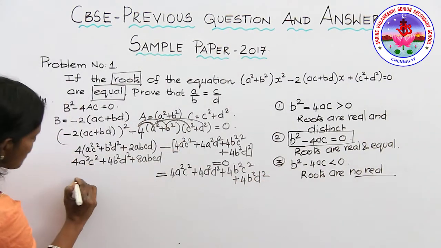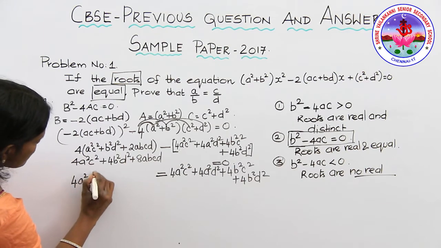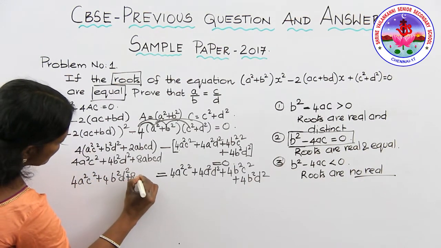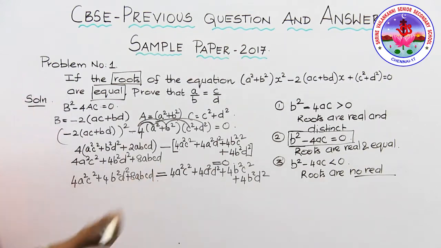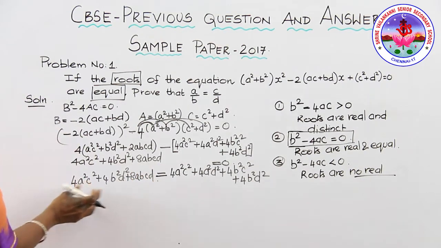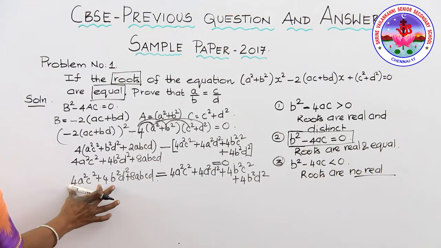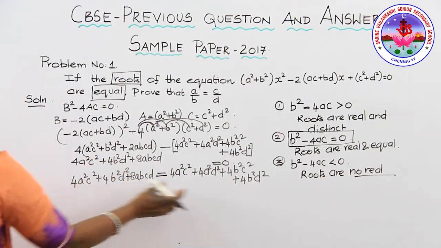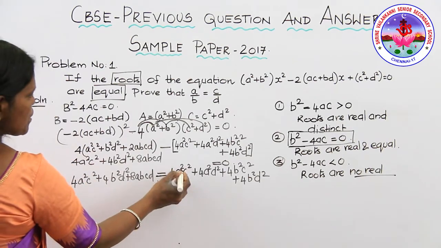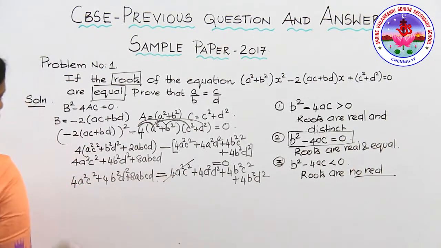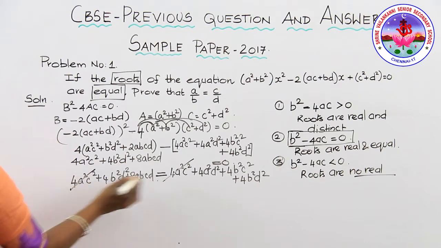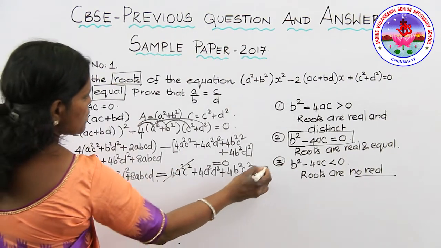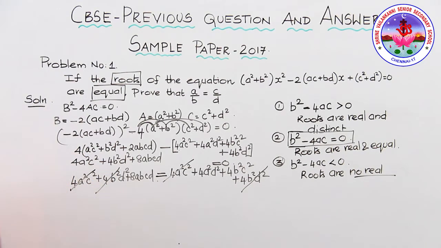On the left hand side I have 4a squared c squared plus 8abcd plus 4b squared d squared. Now I find 4a squared c squared and 4b squared d squared. When I take these two expressions to the other side, both terms come with a negative sign, where I have positive 4a squared c squared, and if this goes it becomes minus, so plus and minus get cancelled. Similarly for b squared d squared, plus and minus get cancelled.